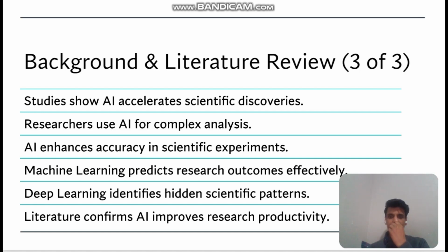AI enhances accuracy in scientific experiments. It means AI helps the humans to make fewer mistakes and do the work more accurately. Machine learning predicts research outcomes effectively, like we talked about in the previous slide.